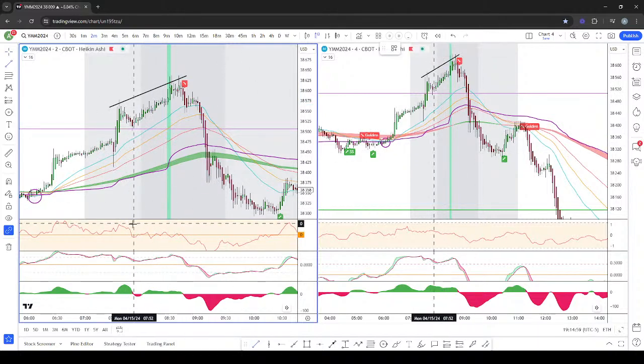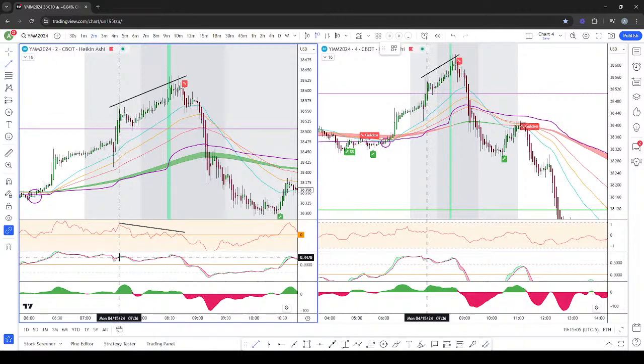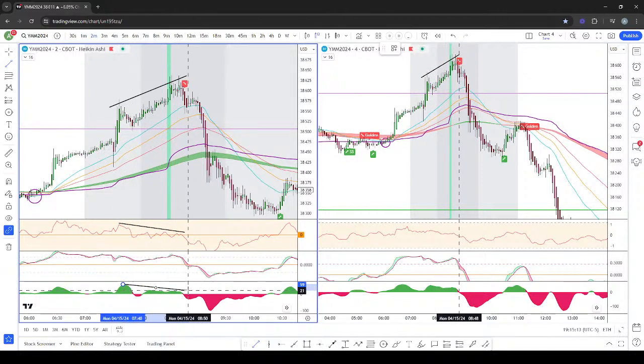You can see the shift in momentum in the oscillator right in here. In here we are not getting it on TSI, but you can see the shift in the TTM squeeze right in here.